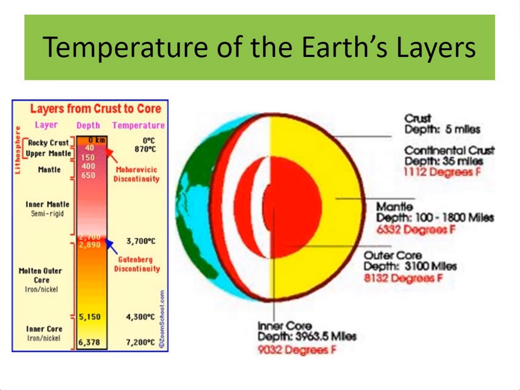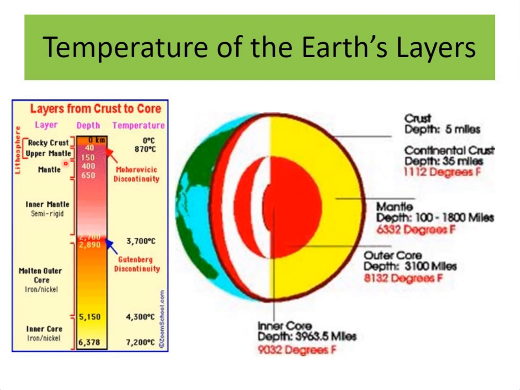This is another image, and this shows the temperature of the Earth's layers. So here, in this column, we see the layers. The second column shows the depth, and the third one shows the temperature. The rocky crust is from 0 kilometers to 40 kilometers, and the temperature ranges from 0 degrees Celsius to 870 degrees Celsius.